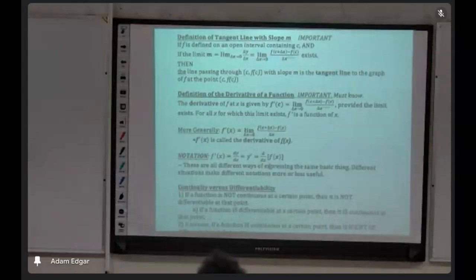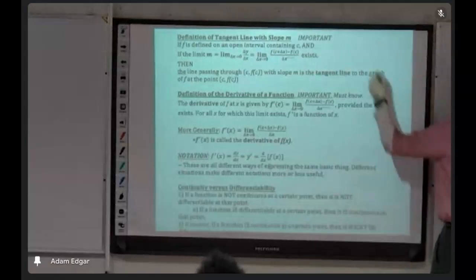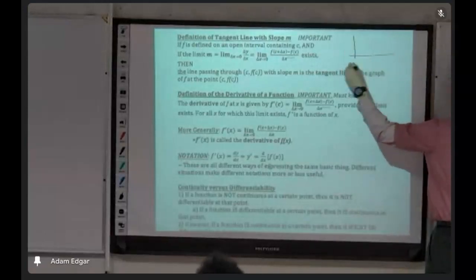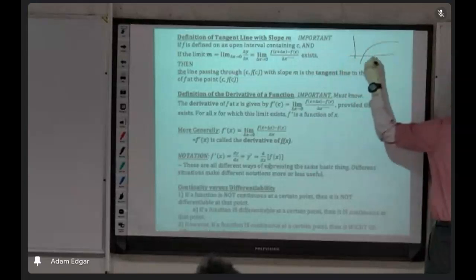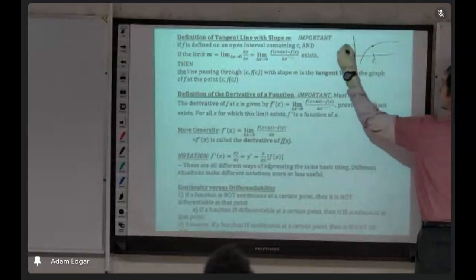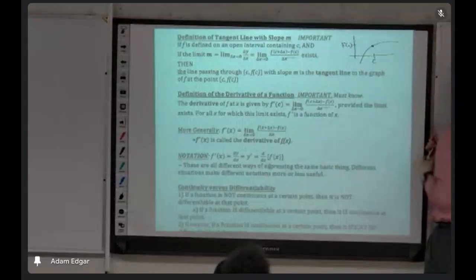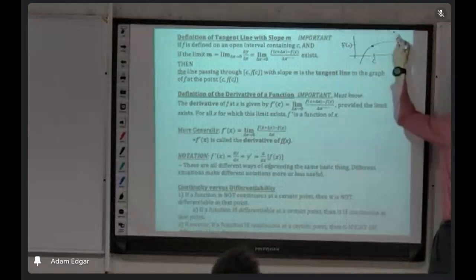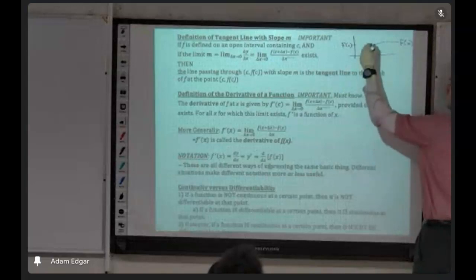So I'm going to try to draw this here. There's your point c comma f of c on some curve. And then here's the tangent line.